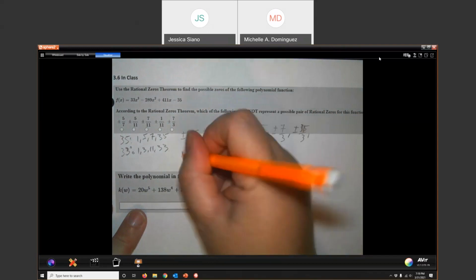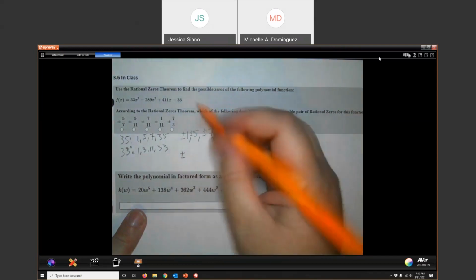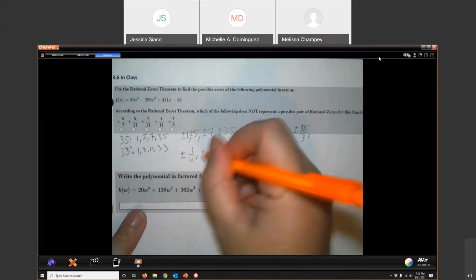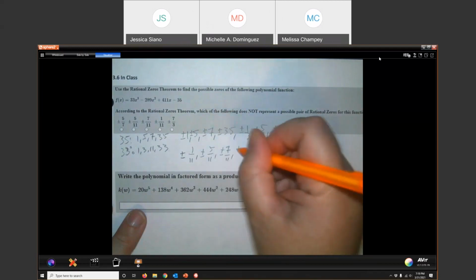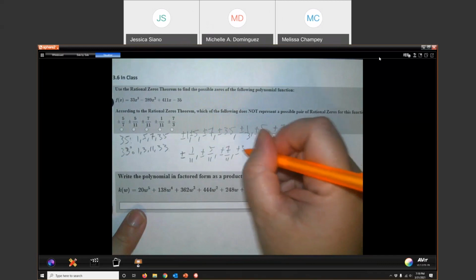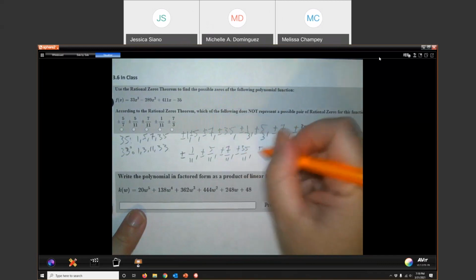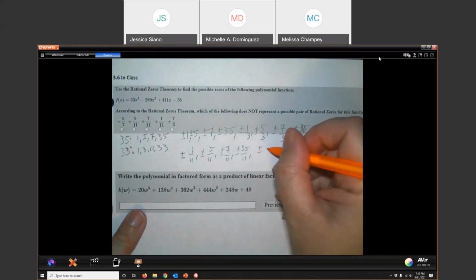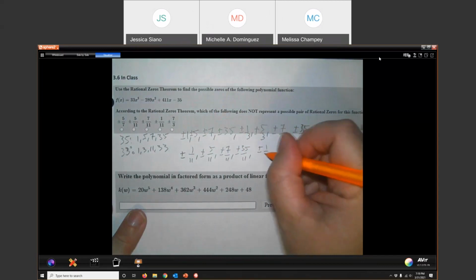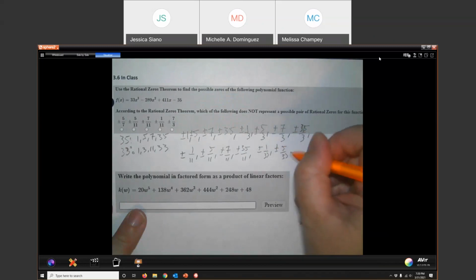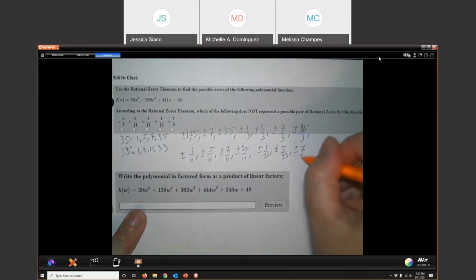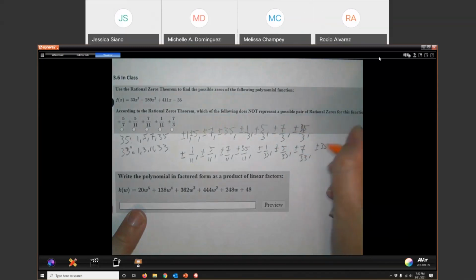Then 1 over 11, 5 over 11, 7 over 11, 35 over 11, and last but not least, 1 over 33, 5 over 33, 7 over 33, 35 over 33.